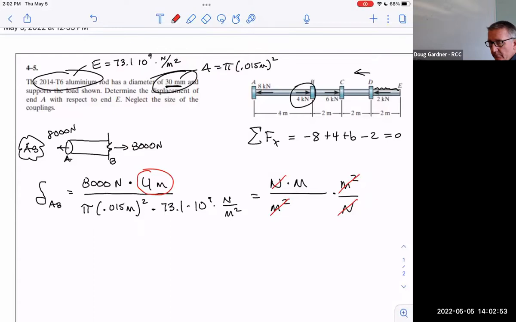Your area would have to stay in meters, because the square meters canceled with the square meters. But this top one up here is all by itself. It's interesting to think about. This is the power of what units are.